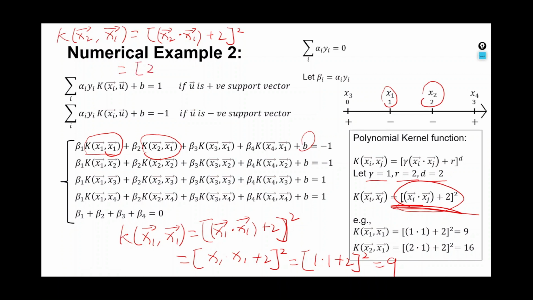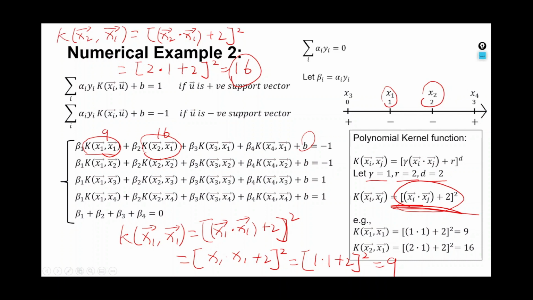So this will be 2 dot x1, where x1 is 1, plus 2 squared. This is 4 squared, which is 16. So this number is 9, this number is 16. At the end of the day, these are still just numbers, and also whole numbers. We like whole numbers, right?